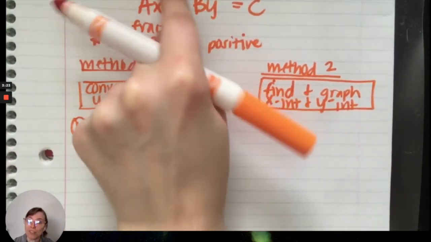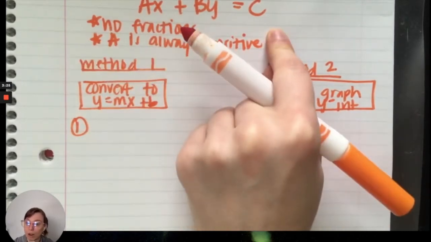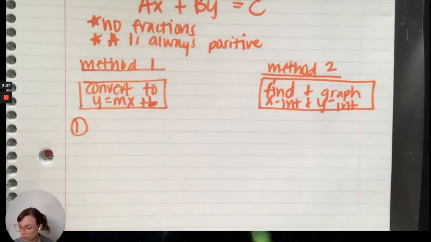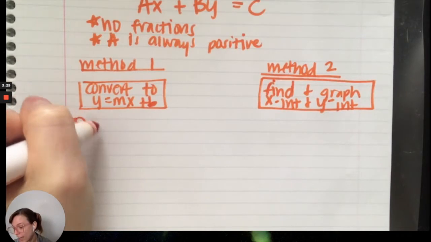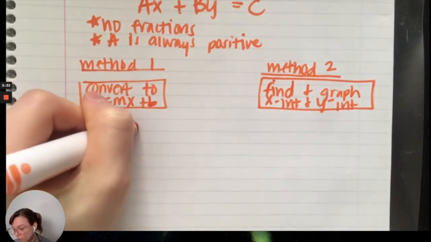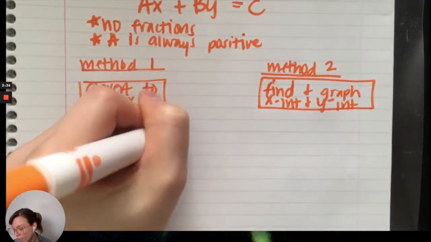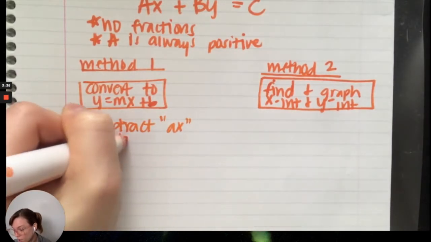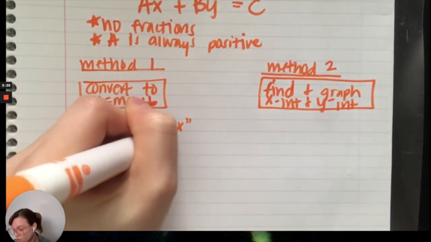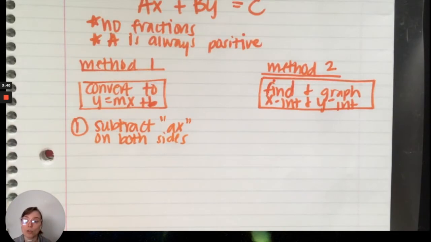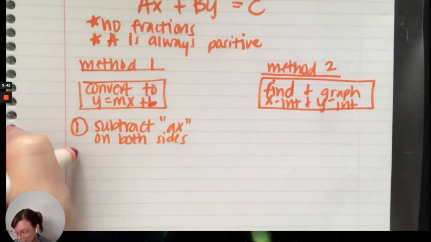So I need to move the ax term to the right-hand side, or undo it. So to move the ax, I'm going to subtract the ax on both sides, okay? The goal is to get y to be isolated.